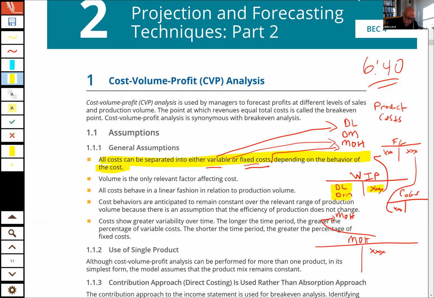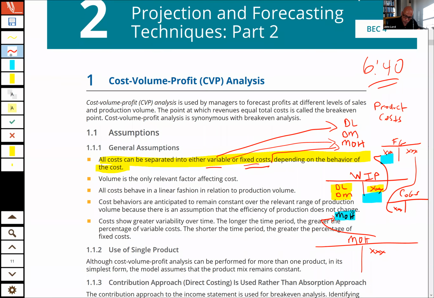Of these variable costs, but also of this manufacturing overhead as that moves over. So there will be both variable and fixed costs in our finished goods inventory and in our work in process.